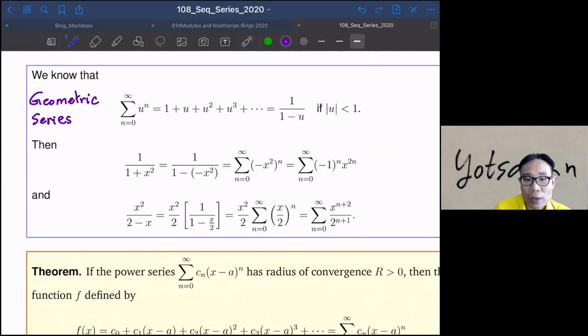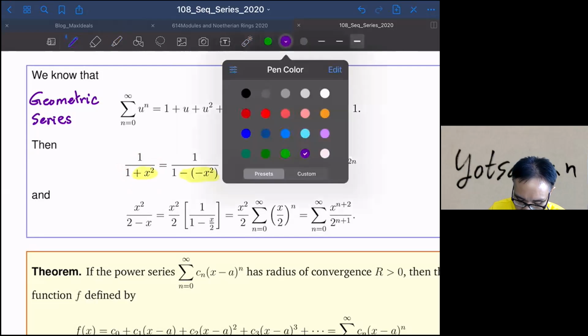The way that we are able to apply this is that you need to be able to identify u. If you have the function 1 over 1 plus x squared, the 1 plus x squared can be written as 1 minus negative x squared, and this will play the role of u.